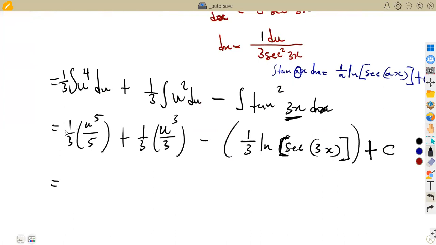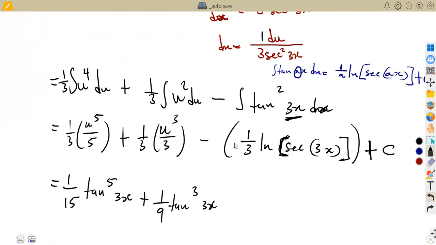So you're going to multiply 1 over 3 and 1 over 5, you get 1 over 15 tan to the exponent of 5 of 3x. Remember, u is tan 3x, plus 1 over 3 times 1 over 3, which is 1 over 9 tan to the exponent of 3 of 3x.